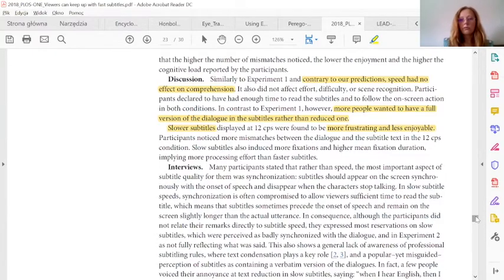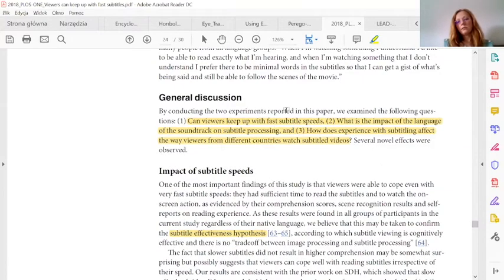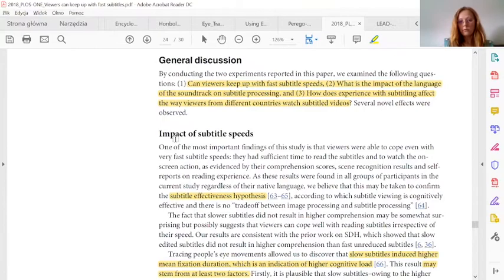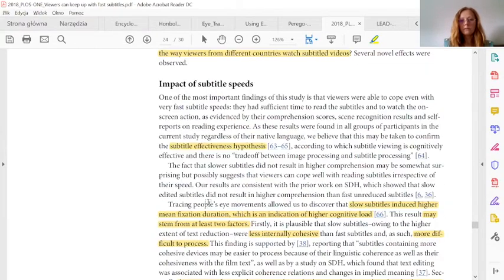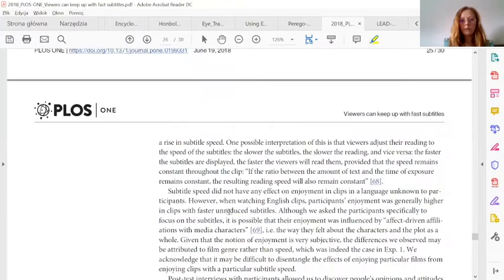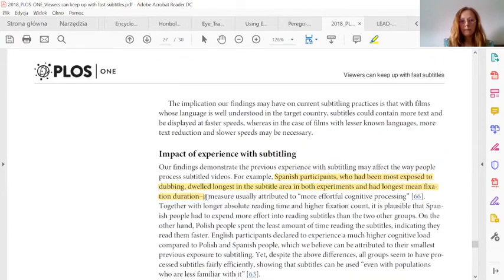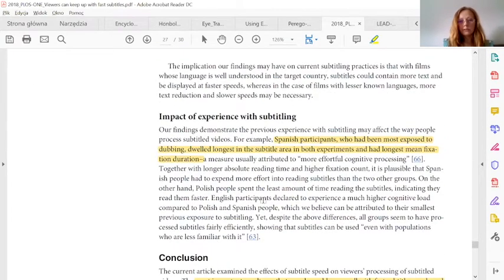And then you can go, for example, to the general discussion section, where the authors revisit their hypotheses about each of the things, right? The subtitle speed, then the impact of the soundtrack, right? And the experience with subtitling, right?